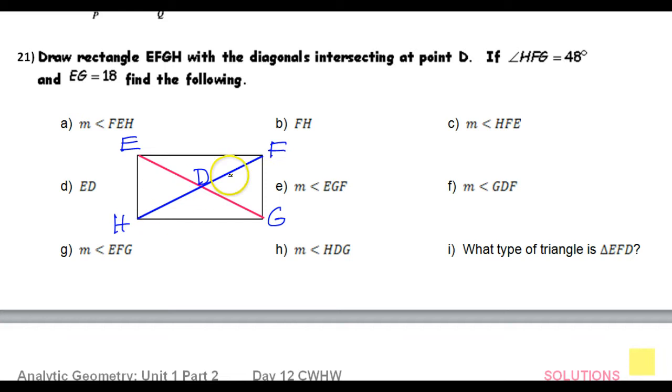So let's see, HFG is this angle up here, so that's 48. We can fill that in. And EG is 18. That's the length of the red diagonal, so this is 18. With all of that in mind, we have to answer these questions.